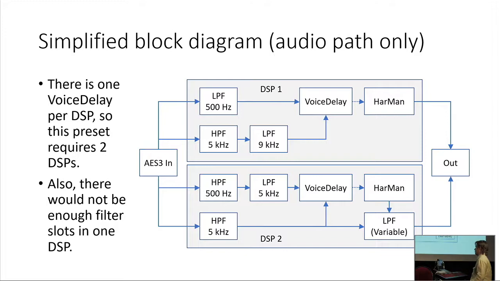Here's a little diagram of what you can do on two DSPs. I must say that these parameters that you see here could be made adjustable, but they were mostly found through experimentation. Originally, I started looking at where formants are and tried to use frequencies based on the diagram I showed you earlier, but that didn't work very well.